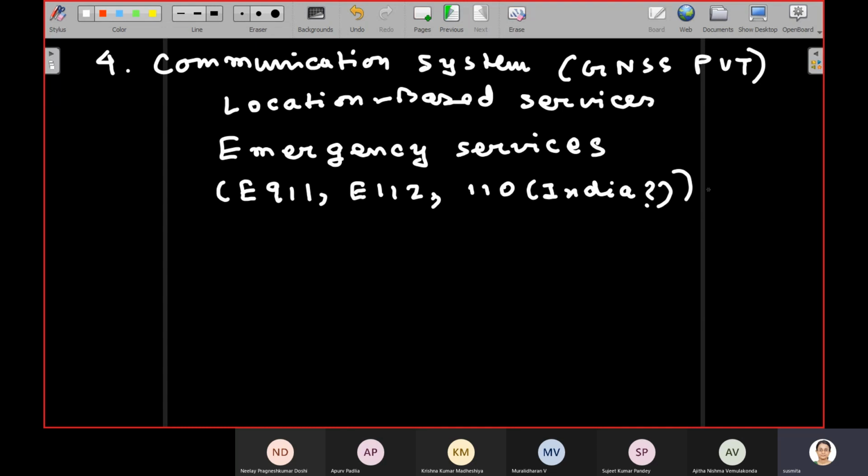When this number is dialed, the GNSS receiver or the chip inside the phone transmits its location to a secure server. Then the E911 operator can retrieve this location from that server, and based on the requirement, the help would be sent.